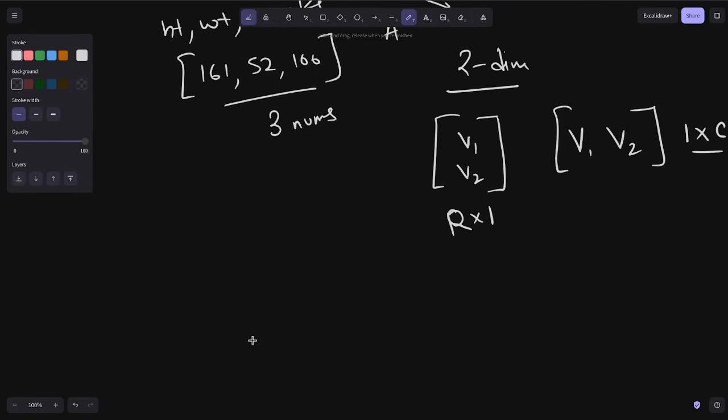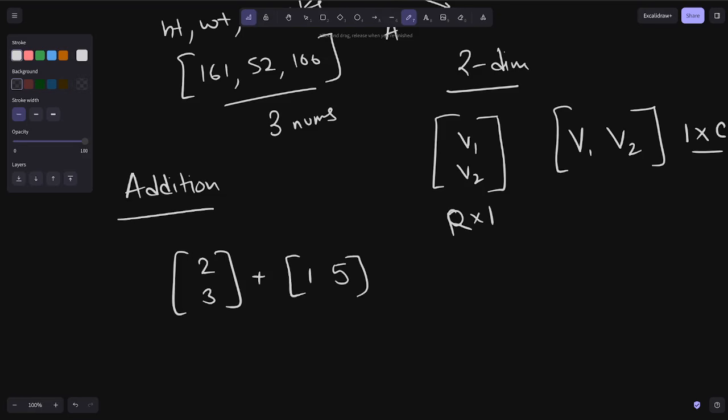So let's now work with addition. How does vector addition work? Vector addition will of course only work when you are adding two vectors of the same dimension, right? Why? Let's say I have 2, 3 plus 1, 5. How do you even add this? There is no logic, right? If you are mapping 2, what do you map 2 with? There is nothing to map with.